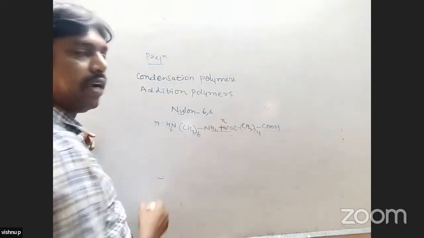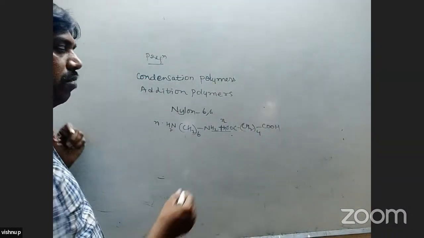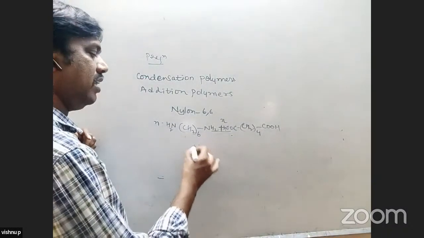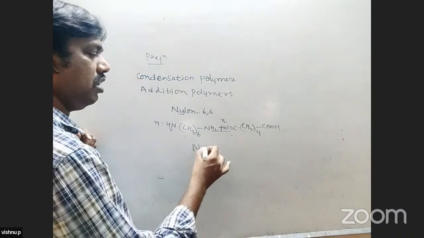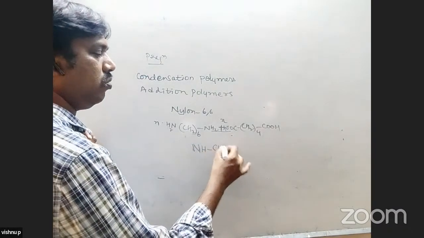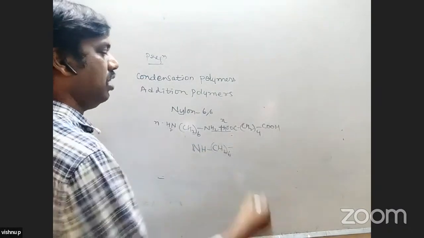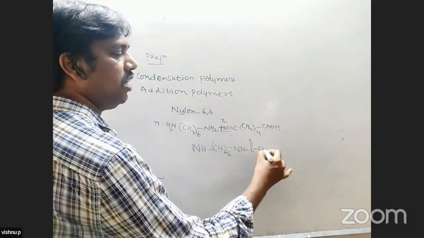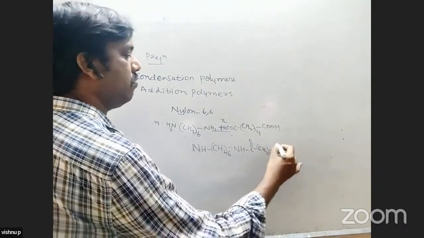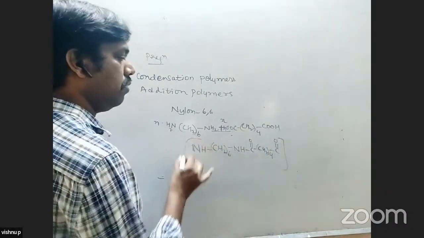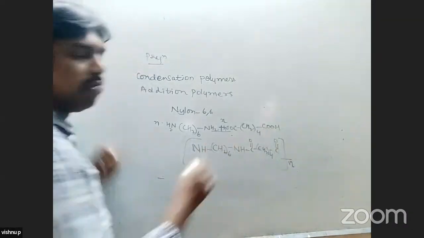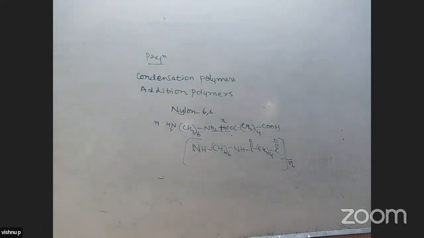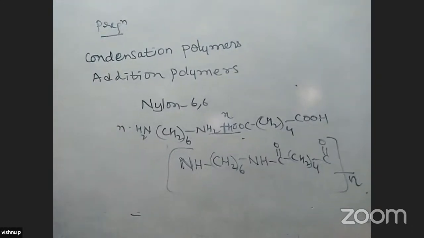Here H2O is separated out, and we get this polymer: NH, CH2 6, NH, CO, CH2 4, CO. How many molecules are involved here? N number of molecules are involved in this polymerization process.